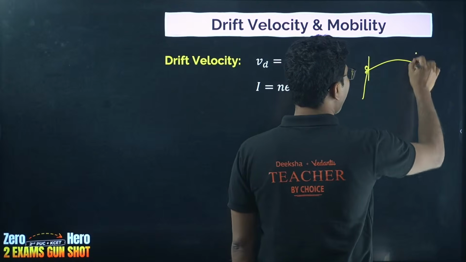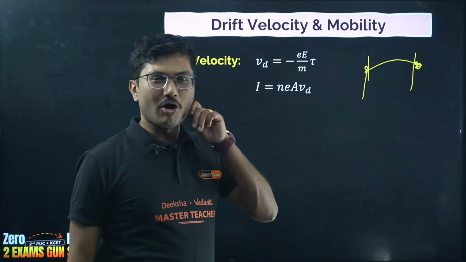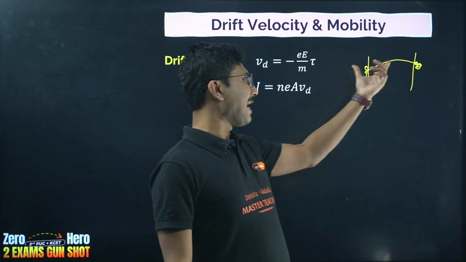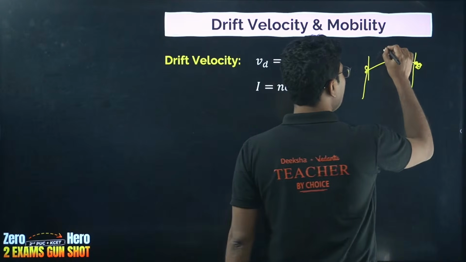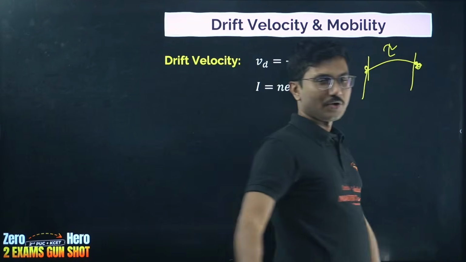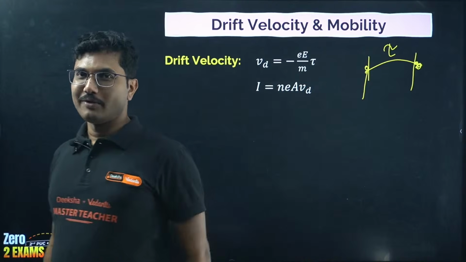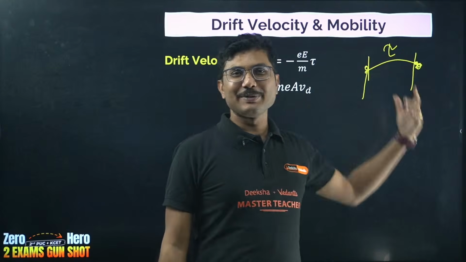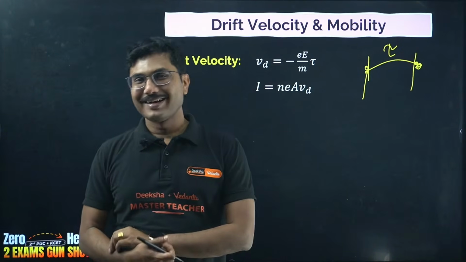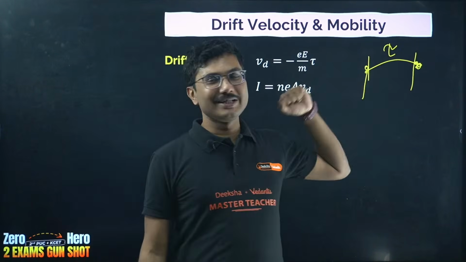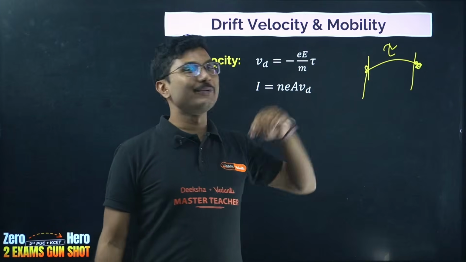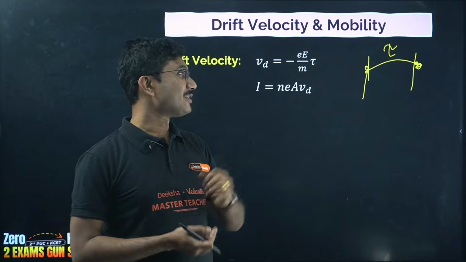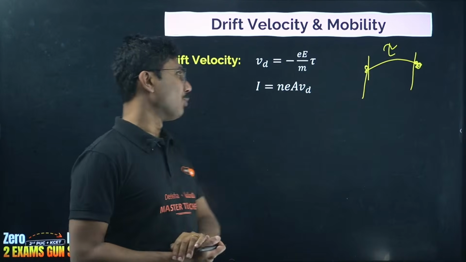When they are not colliding, the time gap between two collisions is called relaxation time. So electrons are also like you. They also study just before the exam, and they relax in between exams. The time gap between the two collisions is called relaxation time, tau.